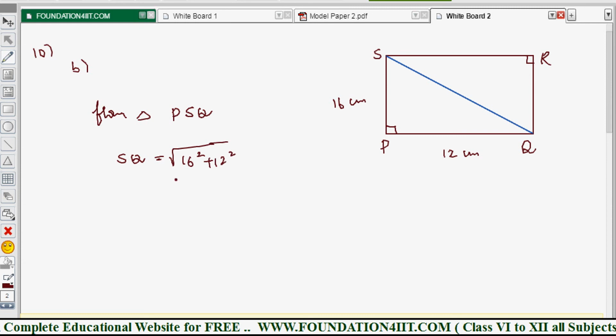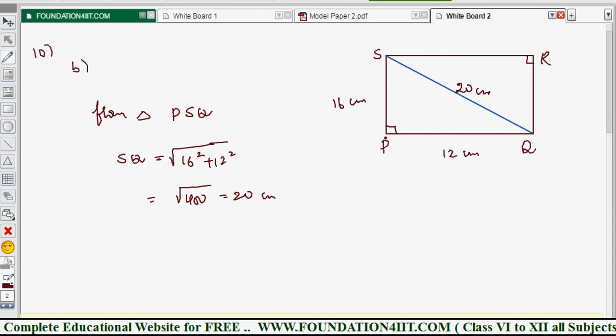So the Pythagoras theorem is applied. 16 square is 256, 12 square is 144. Adding both, it's 400, so the square root is 20 centimeters. That is SQ, 20 centimeters.